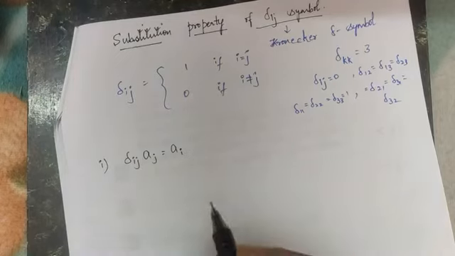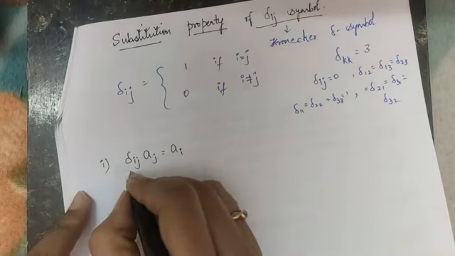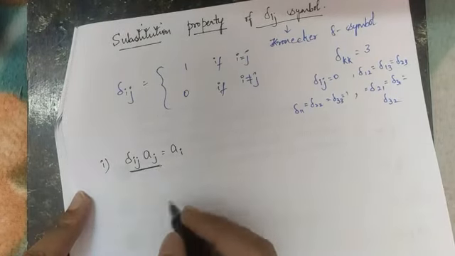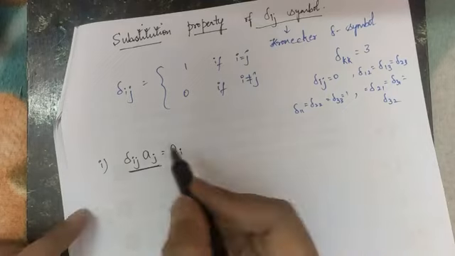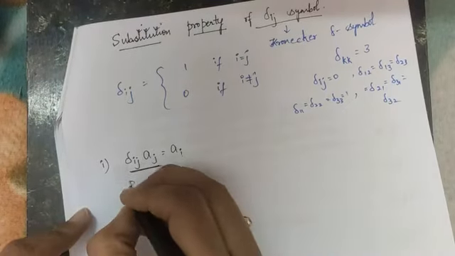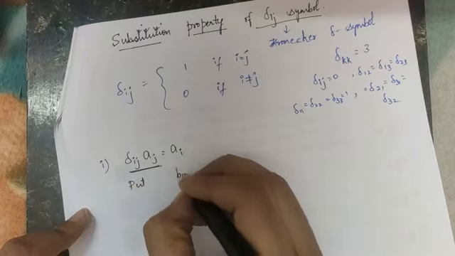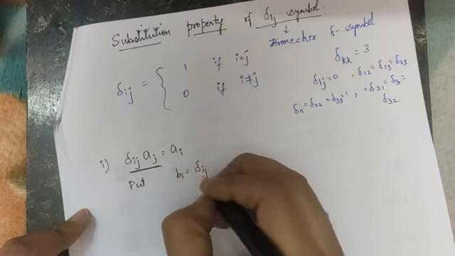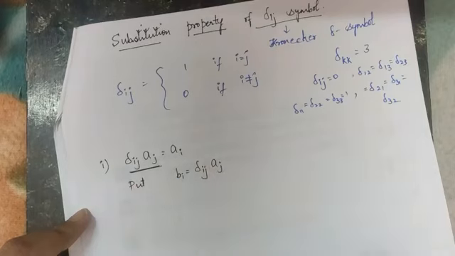So first what I will do is I will assign this delta ij aj to some value, saying bi is equal to delta ij aj.